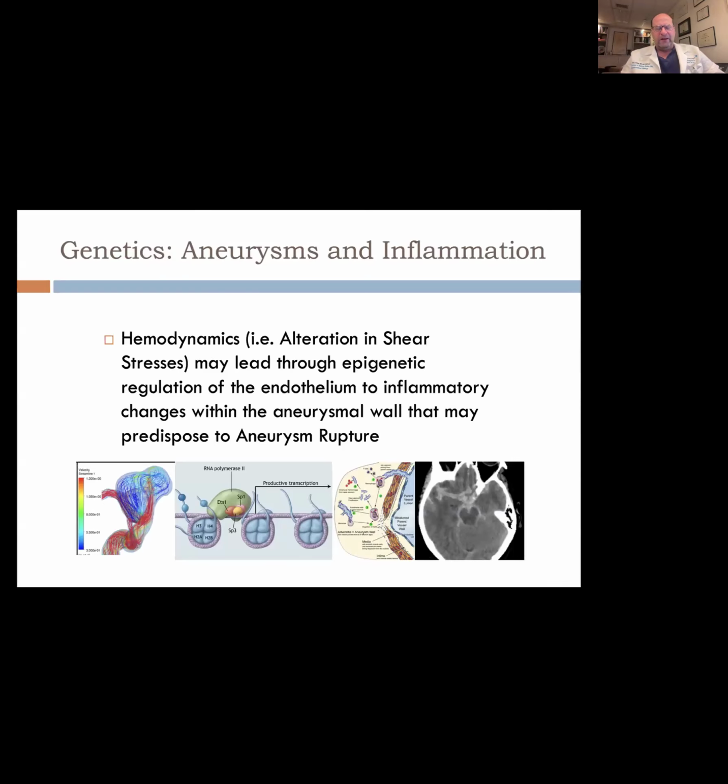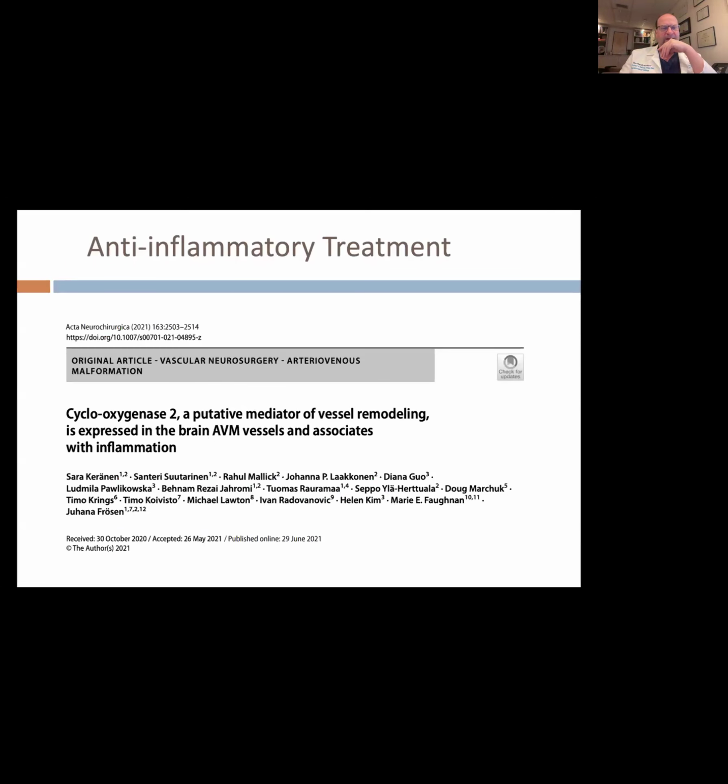So this is work that comes from our knowledge of why aneurysms rupture. Aneurysms can rupture due to a pro-inflammatory response within the vessel wall. And together with my colleagues in Finland, we looked at whether in brain AVMs we also have inflammatory changes.